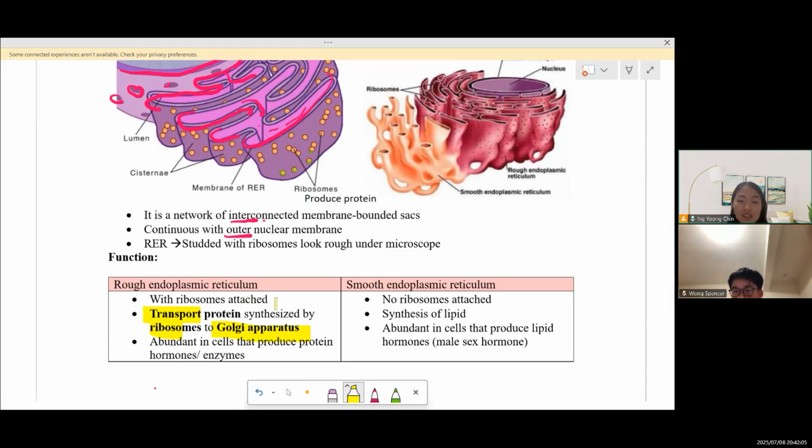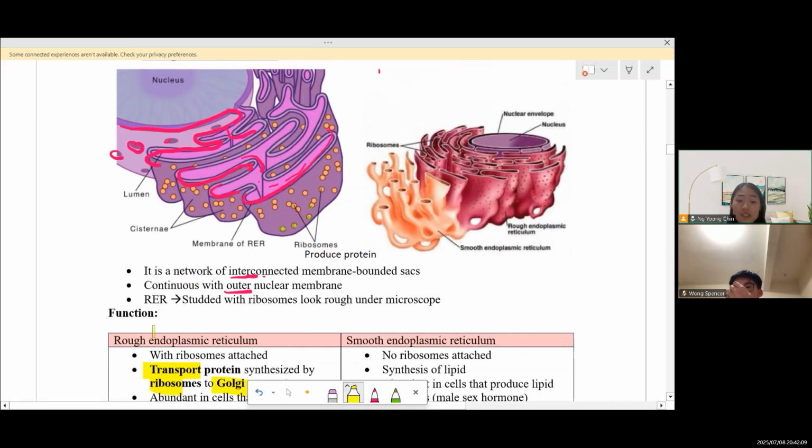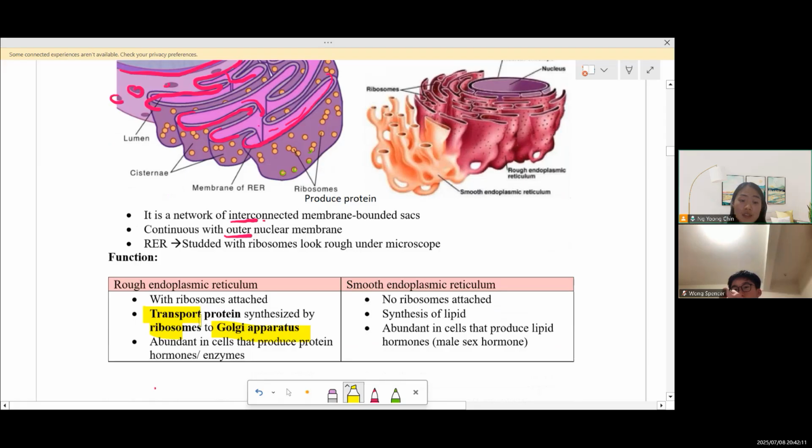Where you find the rough endoplasmic reticulum, you usually find a lot of this kind of organelle, the RER, in cells that need to produce a lot of protein products, for example hormones and enzymes. Think about our pancreas. Imagine what kind of organs produce enzymes. Enzyme-producing organs will have a higher number of RER.